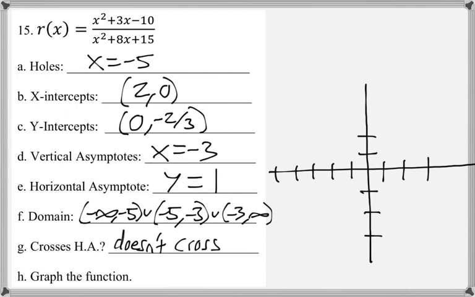Okay, so I know that the x-intercept is at (2, 0).